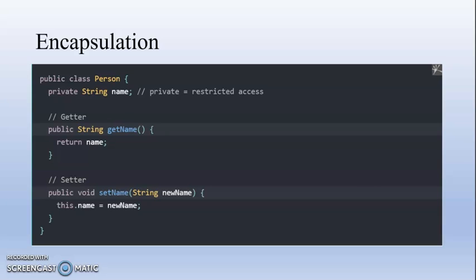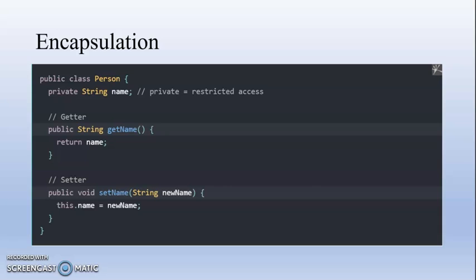Going into that, first I would like to dive into the concept of encapsulation, which basically hides certain information from an object and allows you to use the methods of that object. In this example, we have the public class Person, which has a private variable of type string.